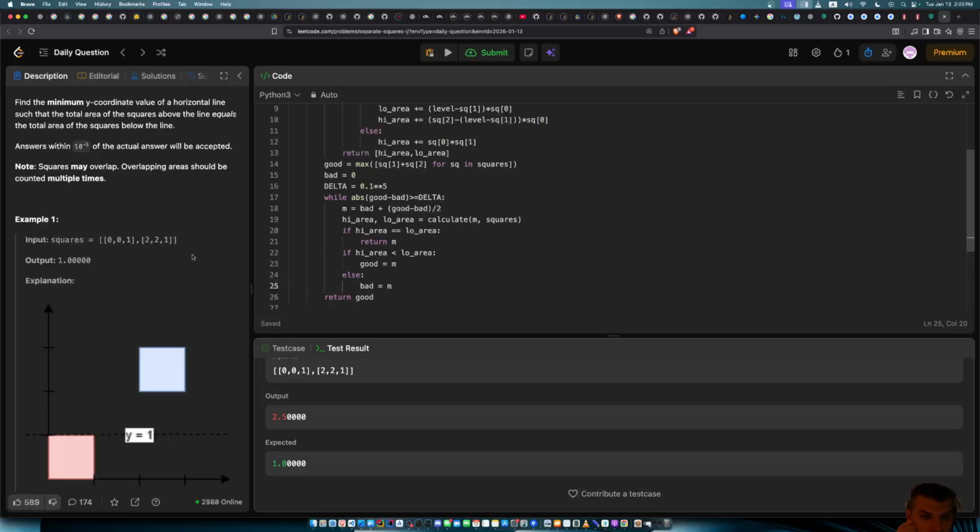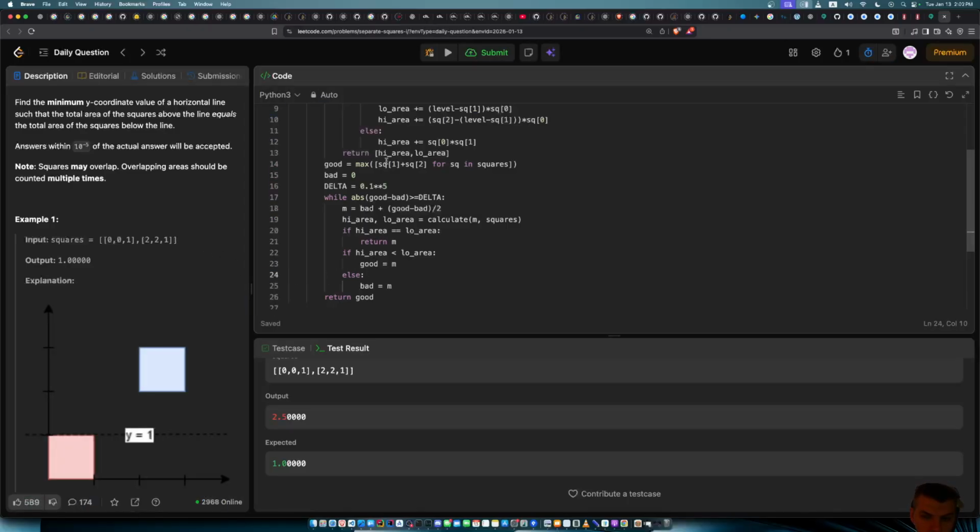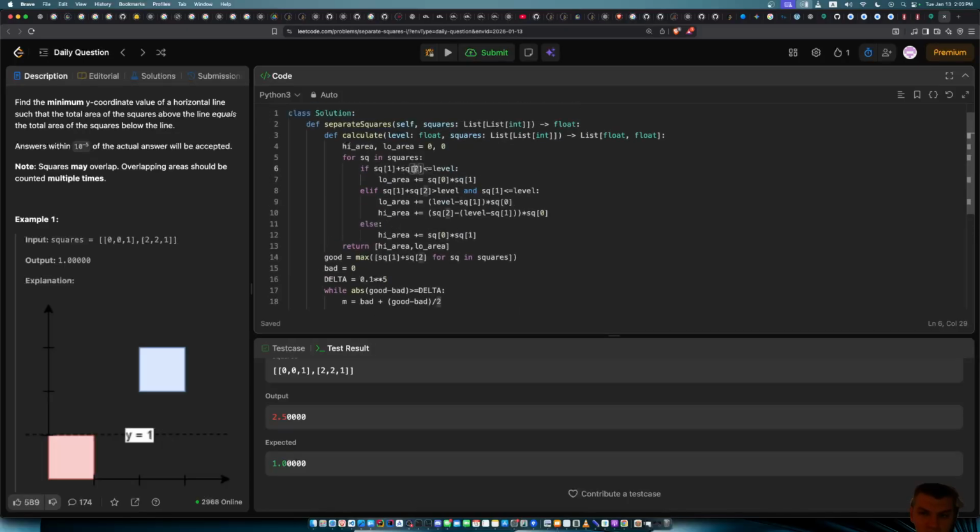Oh, it's a horizontal line such that the total area of the square is above the line. Hmm. Why is it 2.5? Let's check my algorithm again.